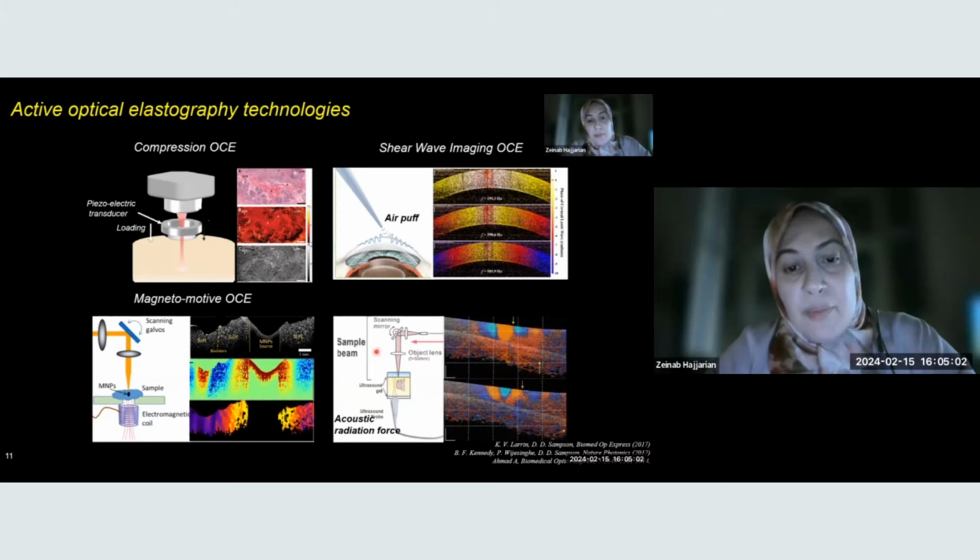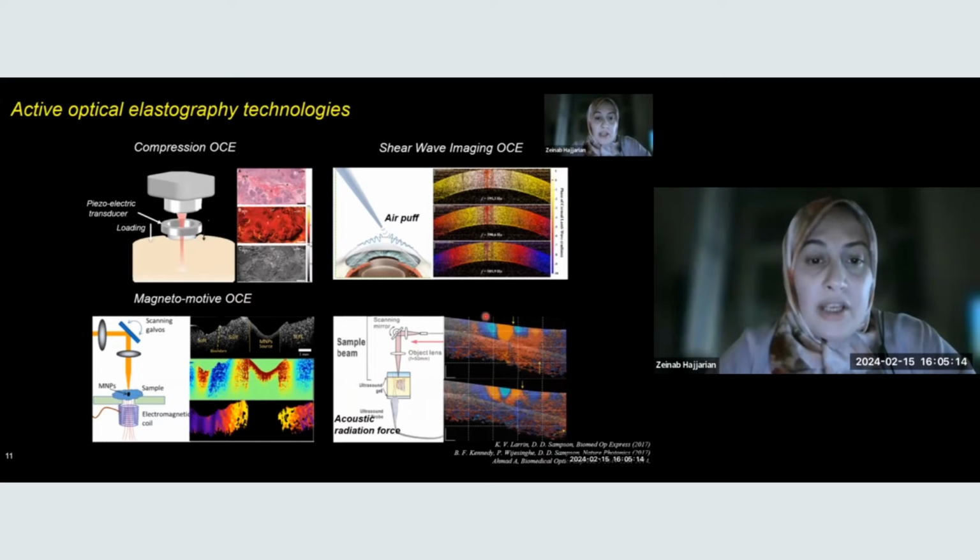In this way, by relating the speed of these acoustic waves to the elastic modulus, they extract the shear viscoelastic modulus across the tissue. But all of these are active, so they involve applying some sort of force and then tracking the response of the tissue, and a majority of them are limited to measuring only the elastic properties, but not the entire frequency-dependent dynamic viscoelastic response of the tissue.